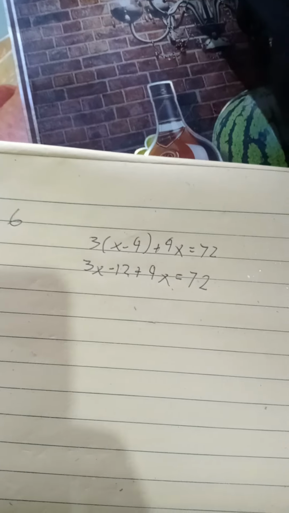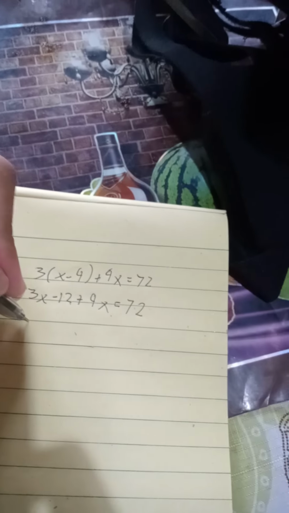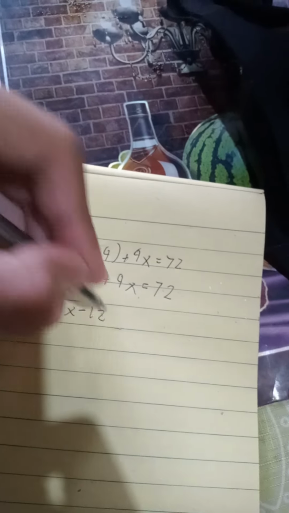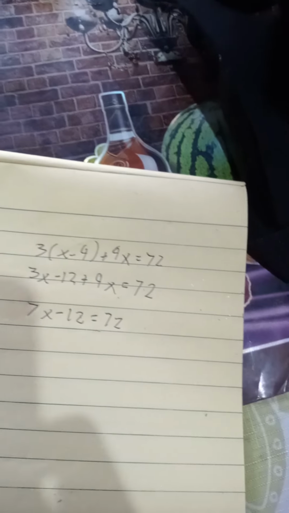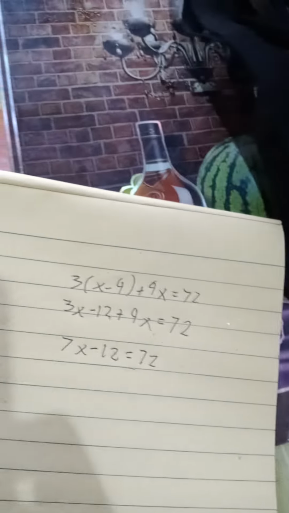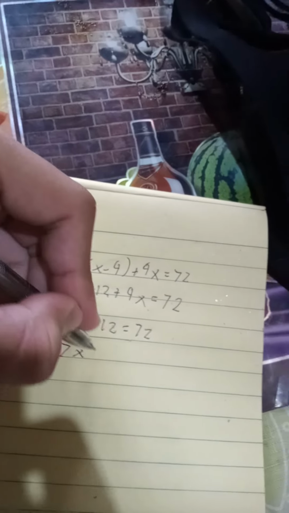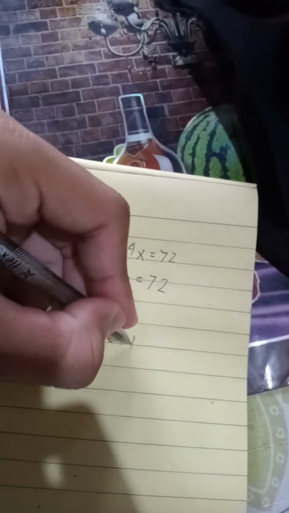Then collect the terms, so it will be 3x minus 12 plus 4x equals 72. Then move the constant to the right. 7x equals 72 plus 12.